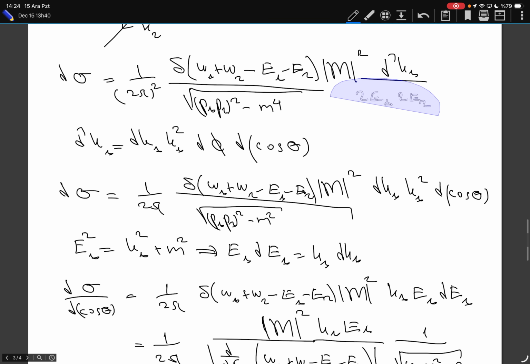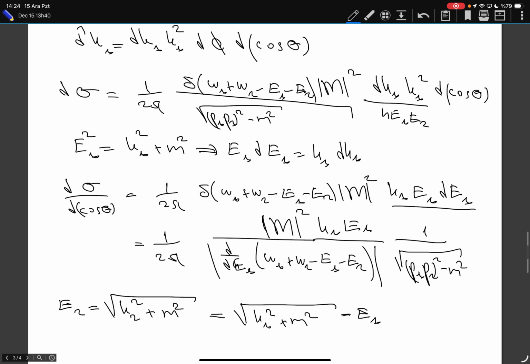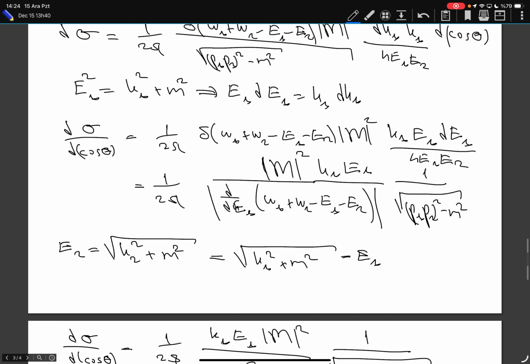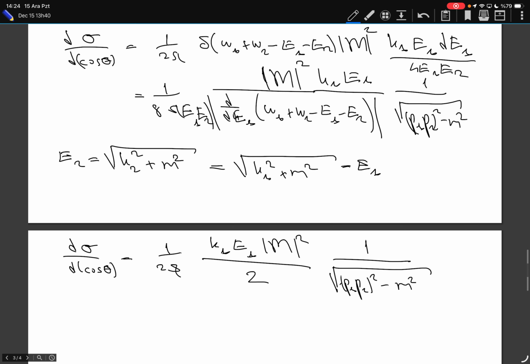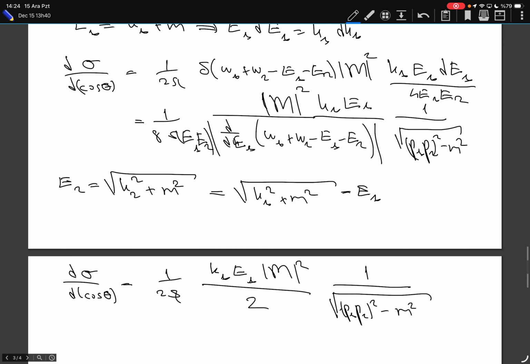I have this divided by 2E1, 2E2, divided by 4E1E2. Here I have 8E1E2, 8π² E1E2.